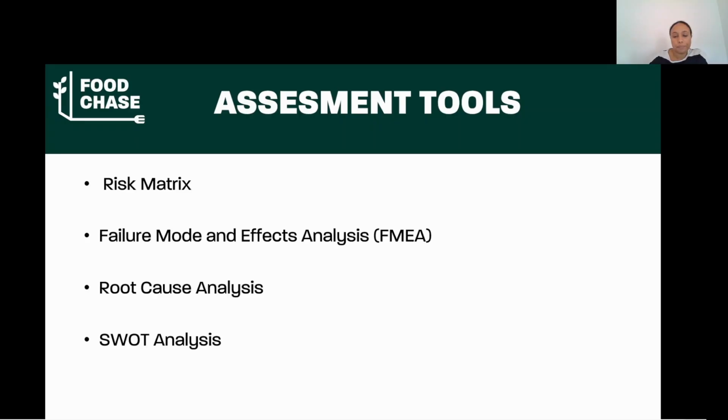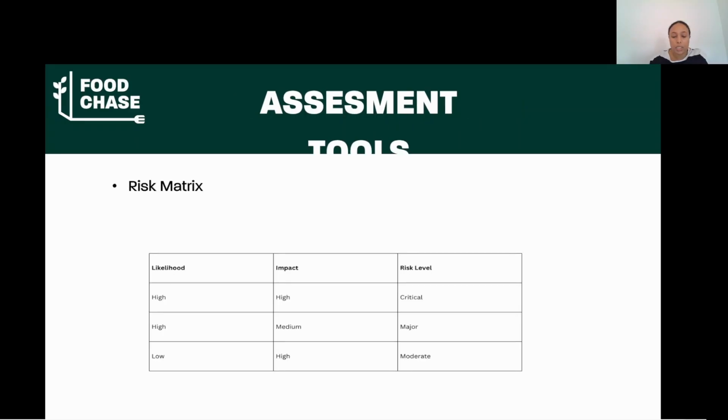So the risk matrix is probably the most widely used risk tool. It plots risks on a 2-axis grid, probability on one axis, impact on the other. And this allows us to visualize which risks are high priority, which are high likelihood, high impact, and which can be monitored with lower urgency.